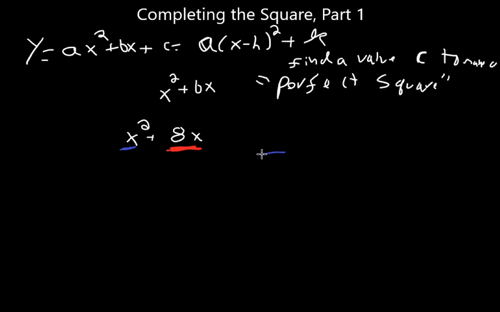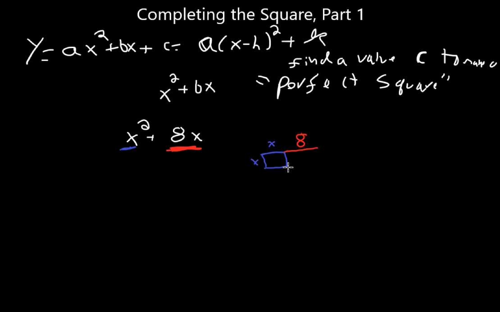Well, let's say this line is x in length, and then we'll have another line which is 8 in length. And then we'll have another line which is also x in length.